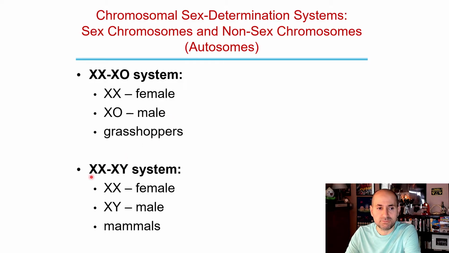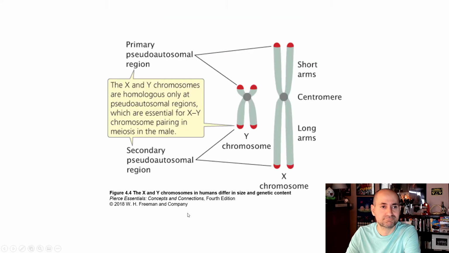Now, in humans, we have the XX-XY system: two X chromosomes female and an XY male. And you would see this in most mammals. And again, the Y chromosome is very short and stubby, lacking very many genes at all, whereas the X chromosome is much longer and it has a lot more actual useful genetic information on it.